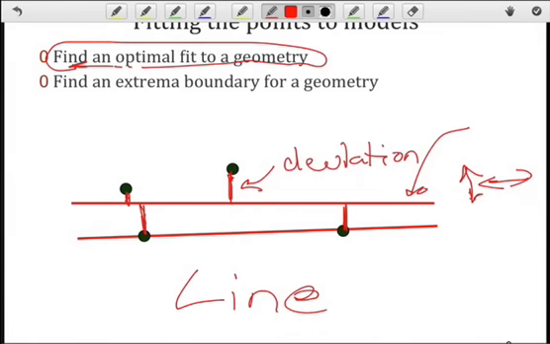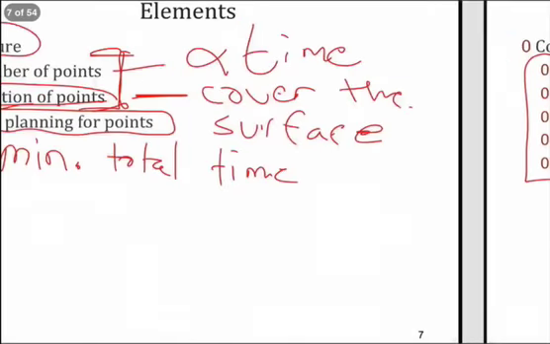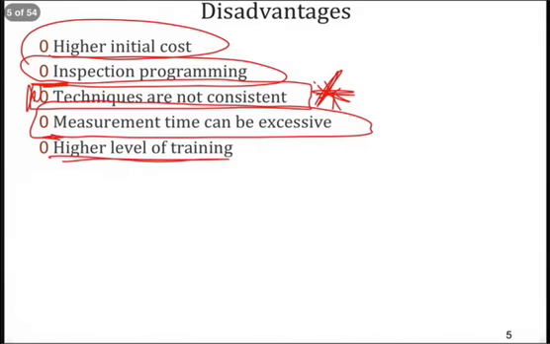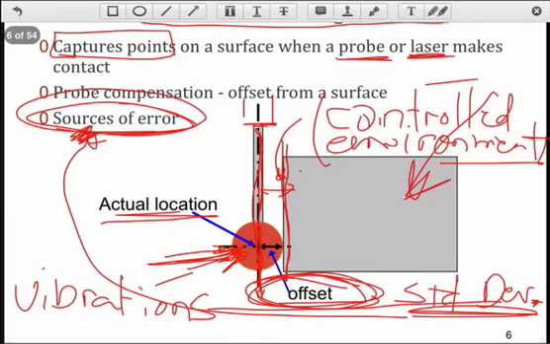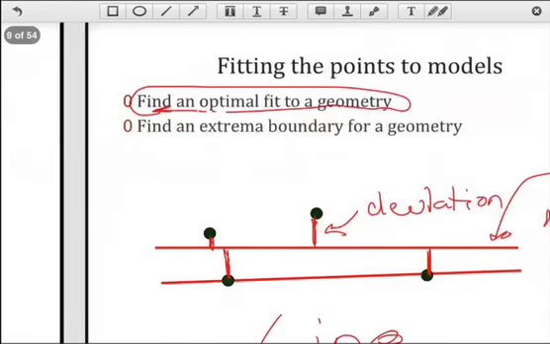Another approach has to do with the consistency of the technology. If you recall, one of the issues with using this technique is that we can have inconsistency between different users of the measurement system, and this is where that can come into play.